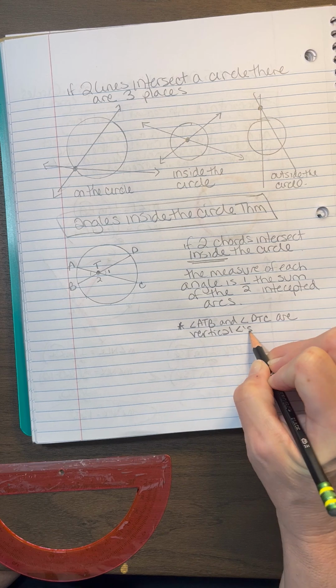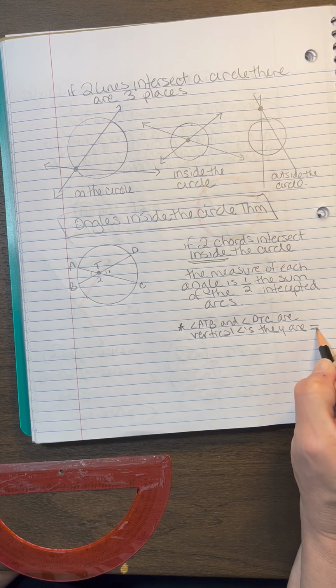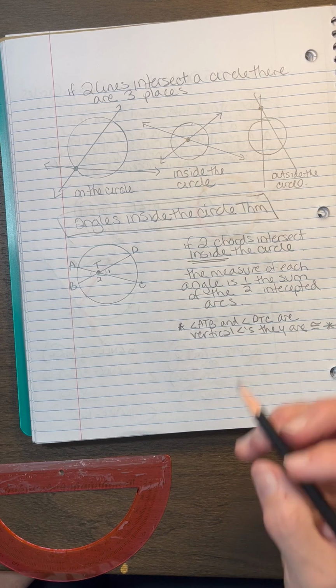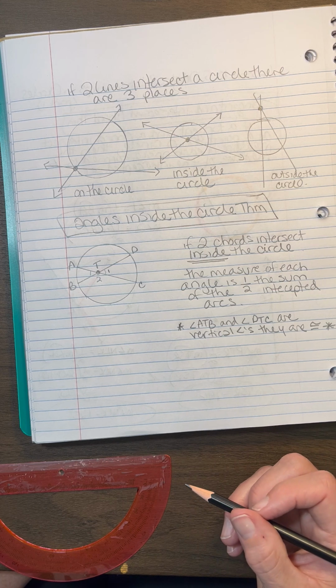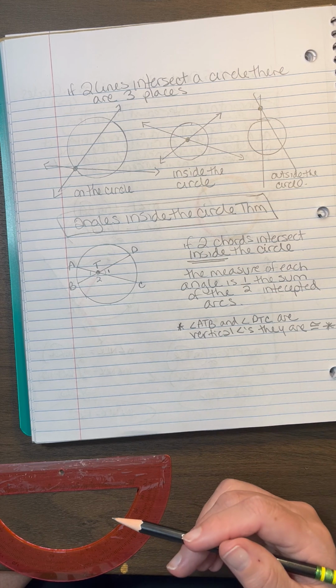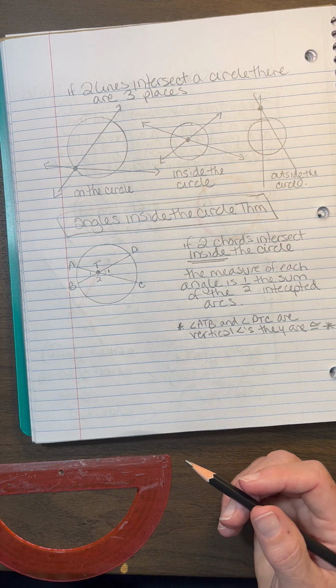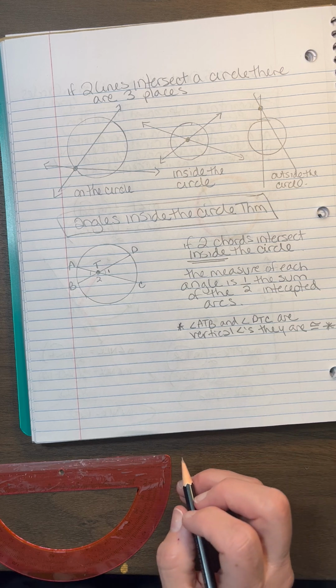So what does that mean? They are congruent, right? So keep that in mind, because if they give you one of them but ask you for the other, if you're able to figure out one of them, then you need to know that the other one's going to be exactly the same.